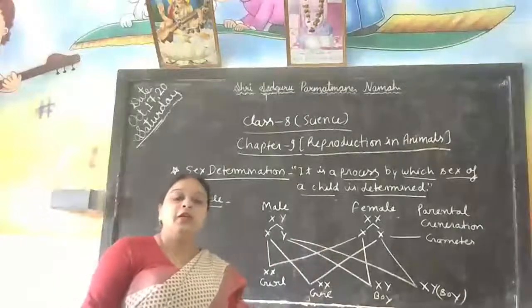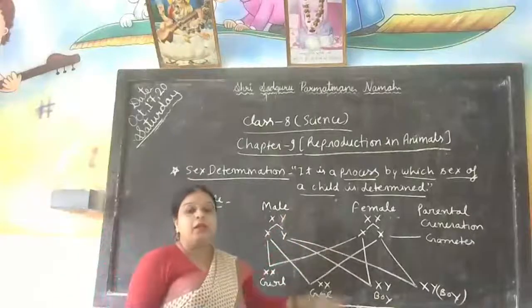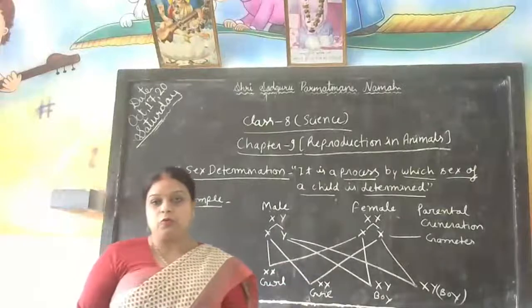We know that in male and female there are 23 chromosomes.